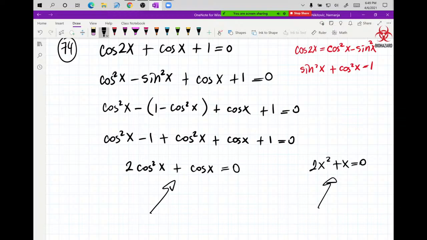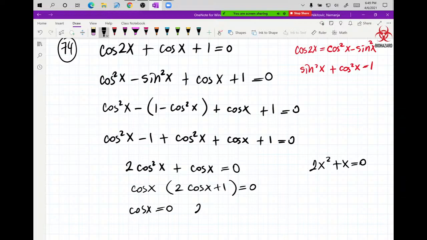And if you know the trick for the one on the right, which is literally algebra 1, then you should be able to know immediately that you factor out a single cosine here, and then 2 cosine x plus 1 equals 0, and then using the zero product rule, saying cosine x equals 0 and 2 cosine x plus 1 equals 0.